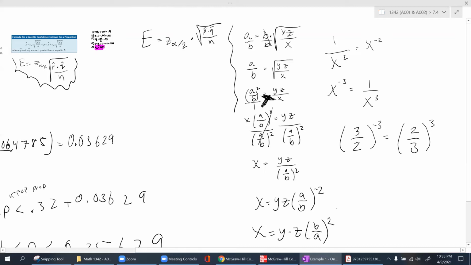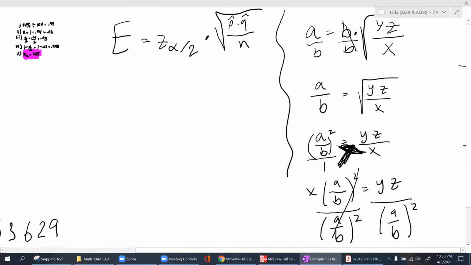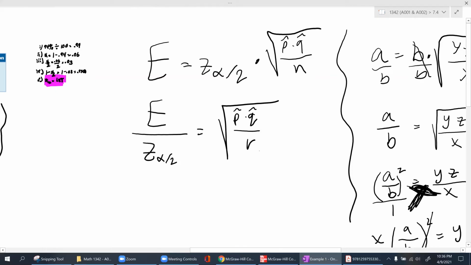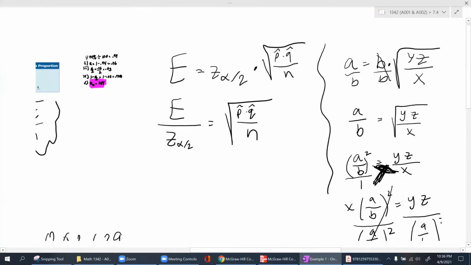So now that our feet are wet, let's go ahead and solve for n here. I would divide both sides by z alpha over 2. So in other words, this is just e divided by z with the subscript, which gives me square root of p hat q hat over n. I'm going to square both sides.